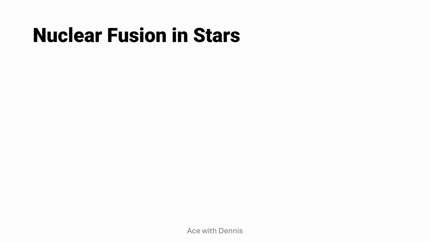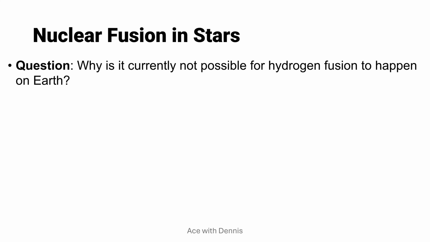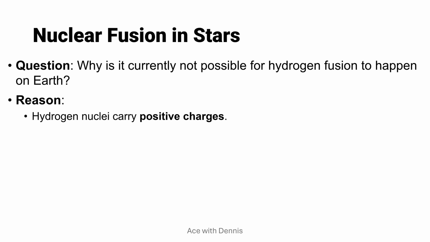Let's recap this question, which we have discussed in Chapter 25, Atoms and Radioactivity. The question is, why is it currently not possible for hydrogen fusion to happen on Earth? And here is the reason. Hydrogen nuclei carry positive charges.